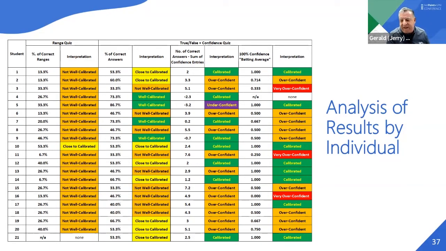The last diagnostic one can do here is what I call the 100% confidence batting average, meaning that if you were 100% confident in your answer and you were really well calibrated, you really understood it, you would get all those questions correct. We actually had a number of them that batted 1,000, meaning they got every question right that they said they were 100% confident about.